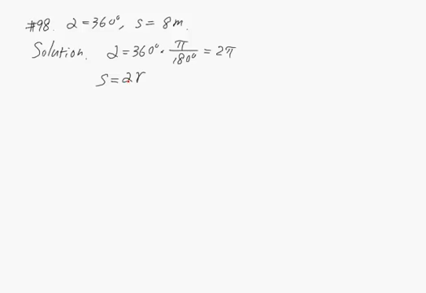So we just divide both sides by alpha so that we get r is equal to S over alpha. Right? So what is S? 8 meters. And then alpha is equal to 2 pi. So finally, you get 4 over pi meters.